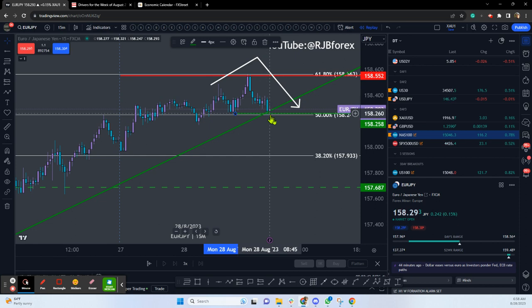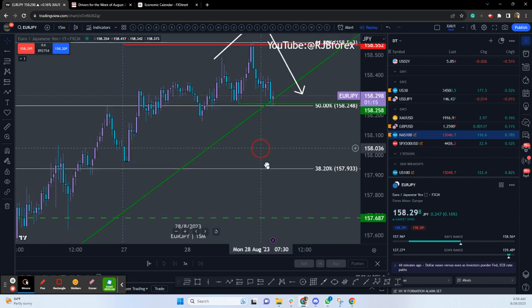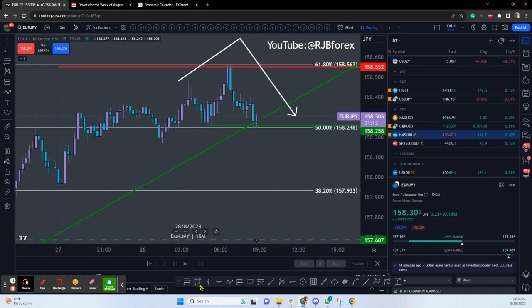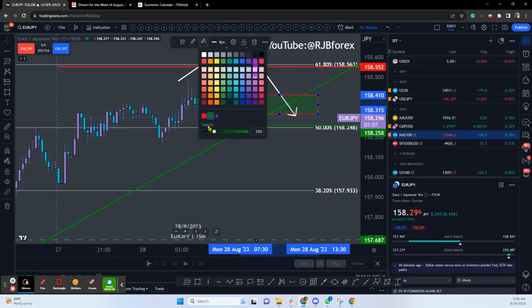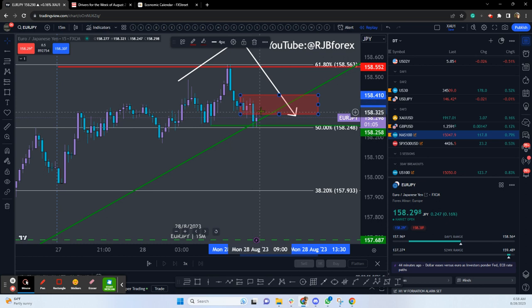So that's acting as support currently. Now we might find resistance here. So any attempts to move up could prove to be the catalyst for the break of these lows.